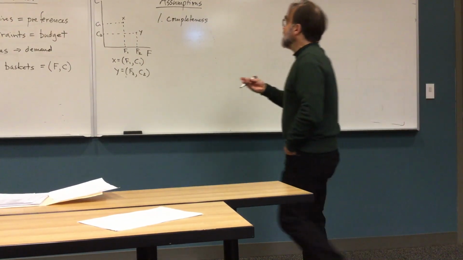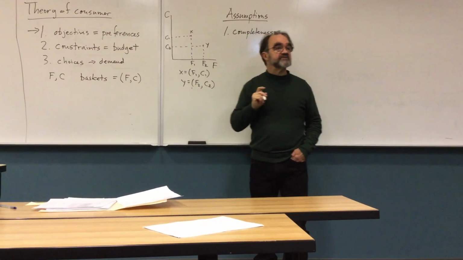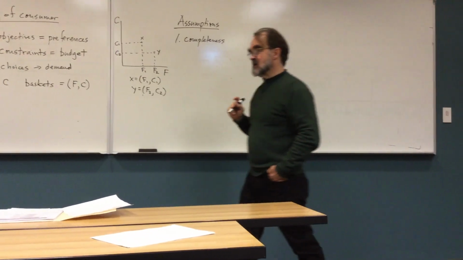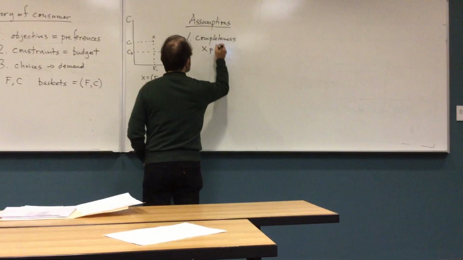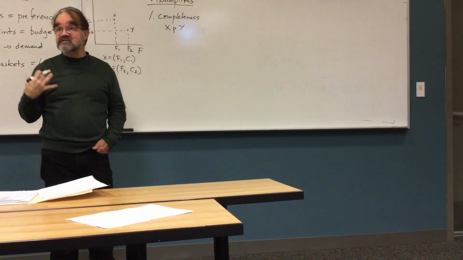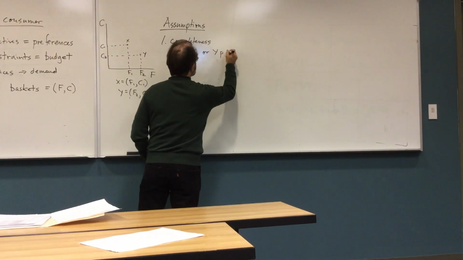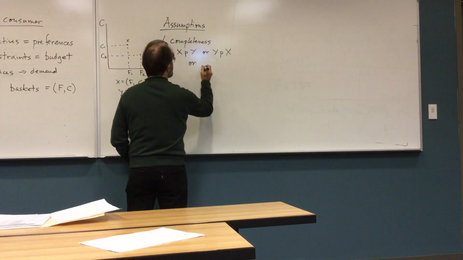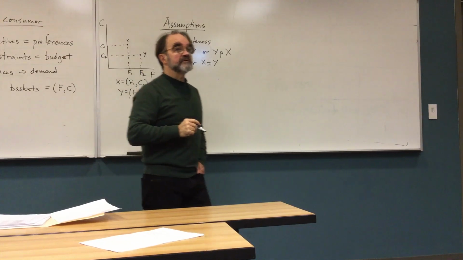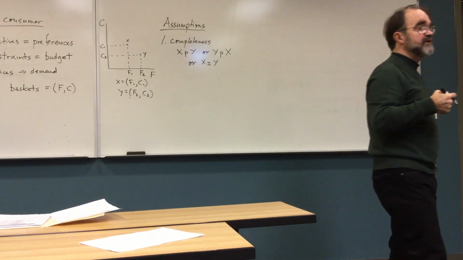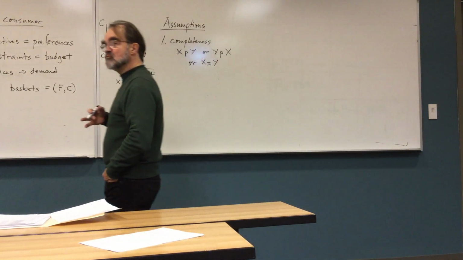For any X and Y in this space, any 2 market baskets, the consumer can say either X is preferred to Y, so I like X better than Y, or Y is preferred to X, or X and Y are indifferent. So given 2 baskets, the consumer is always able to state which they prefer, or if they don't care.